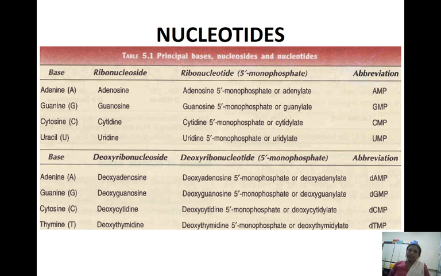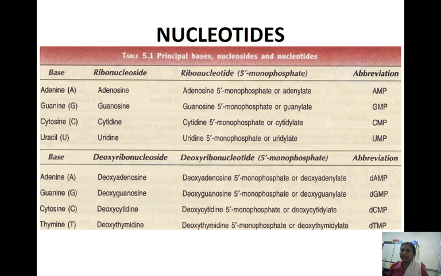Cytosine with ribose forms the nucleoside cytidine, and cytidine with phosphate forms cytidine 5' monophosphate. Uracil plus ribose forms uridine, which is phosphorylated to uridine 5' monophosphate, UMP. Coming to the deoxyribonucleosides, adenine with deoxyribose forms deoxyadenosine, phosphorylated to deoxyadenosine monophosphate, dAMP.